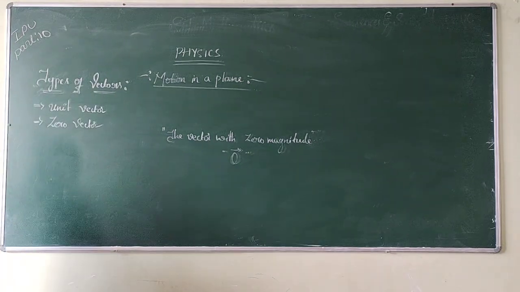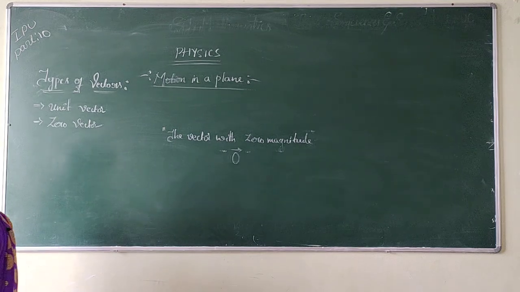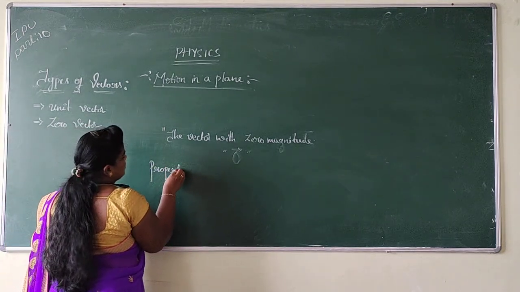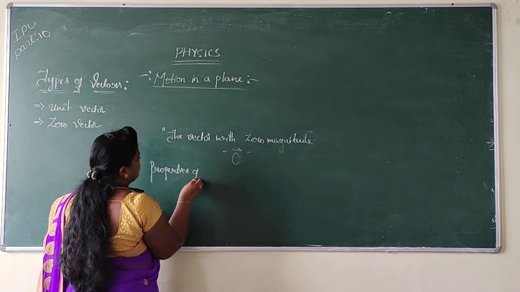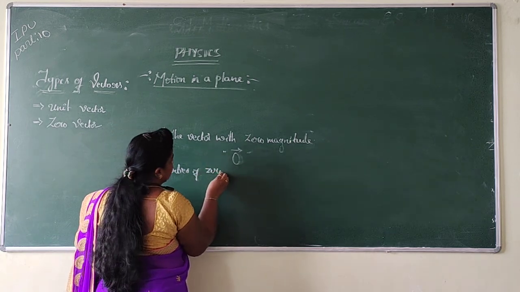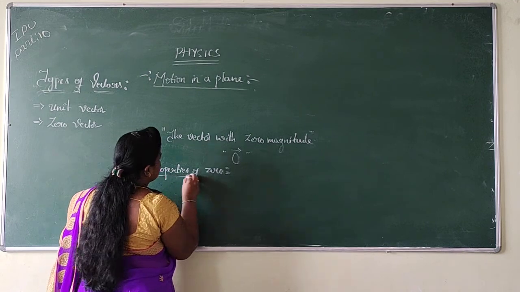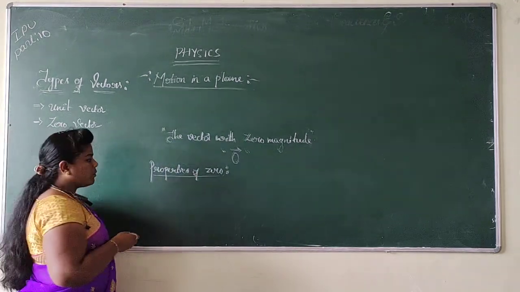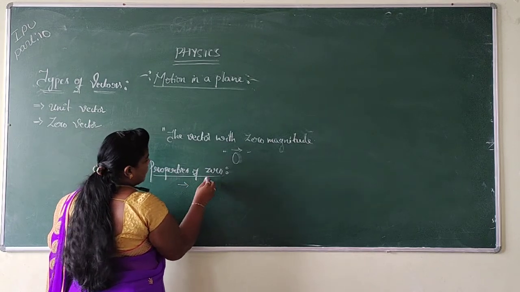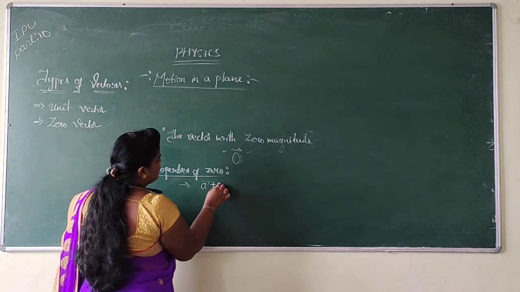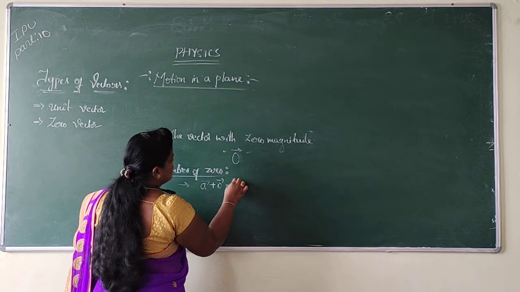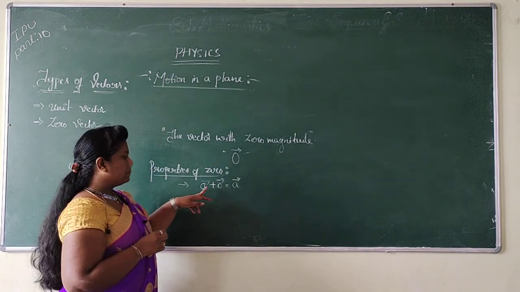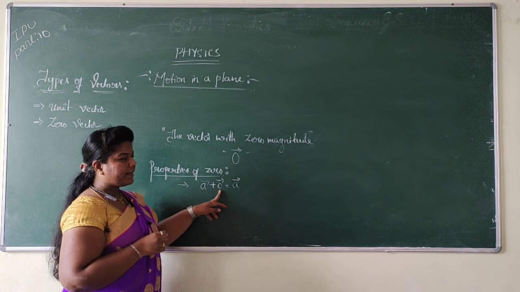So my dear students, there are some properties of zero vectors. If you add a zero vector, what happens? See, adding a vector with a zero vector always gives you a vector quantity. This is one of the vector quantities. This is said to be the zero quantity.